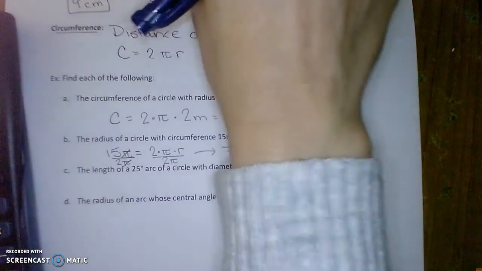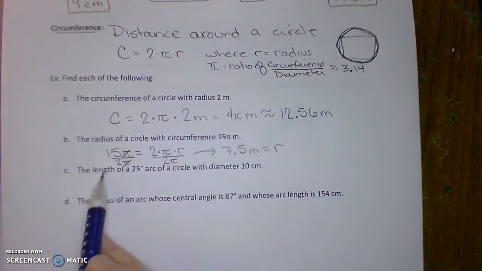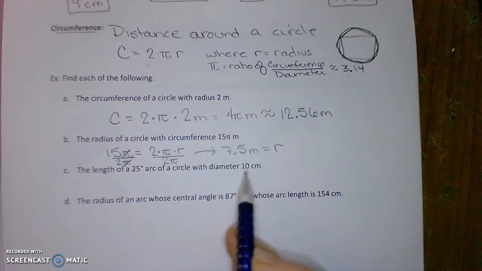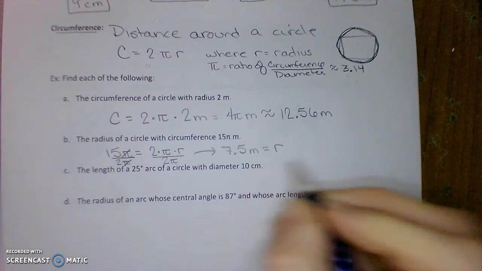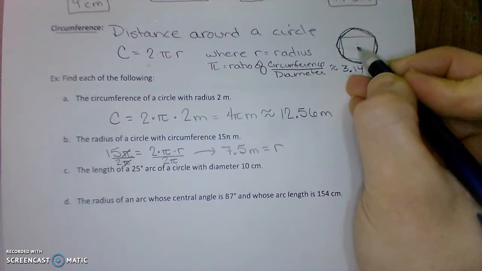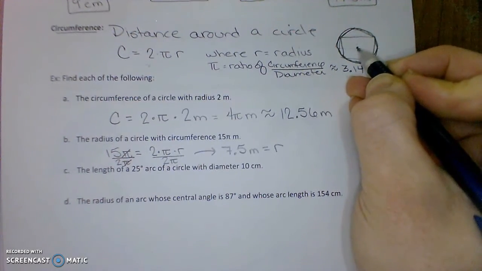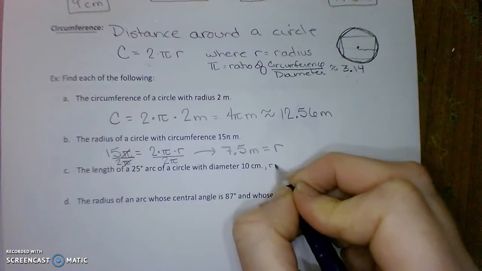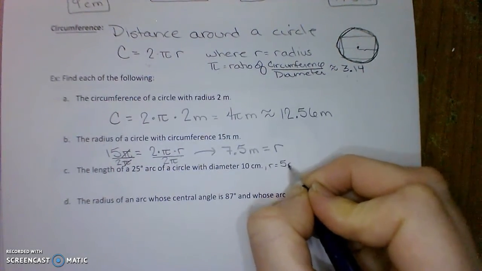All right. Now for this next problem, I want to find the length of a 25-degree arc in a circle whose diameter is 10 centimeters. Remember, the diameter is the distance all the way across your circle, so the radius will just be half of that. Notice my radius here is 5 centimeters.